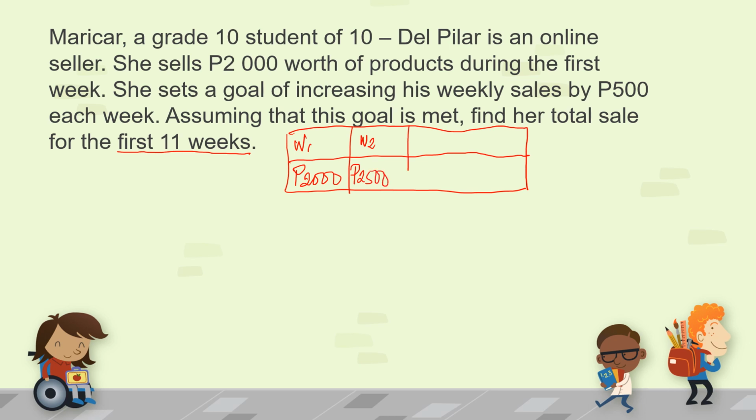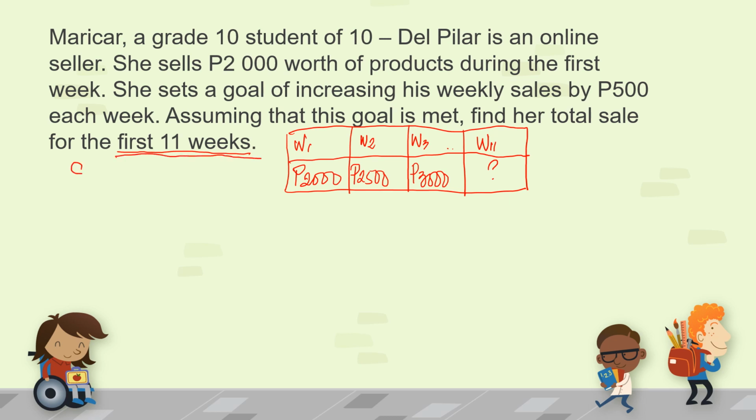Then what about week 3? So week 3 would be 3,000 pesos. Then on the last week, that would be week 11, how much do we know? Of course, you can do that if you continue the table. But this time, that's not our concern because what is asked is the total sales.